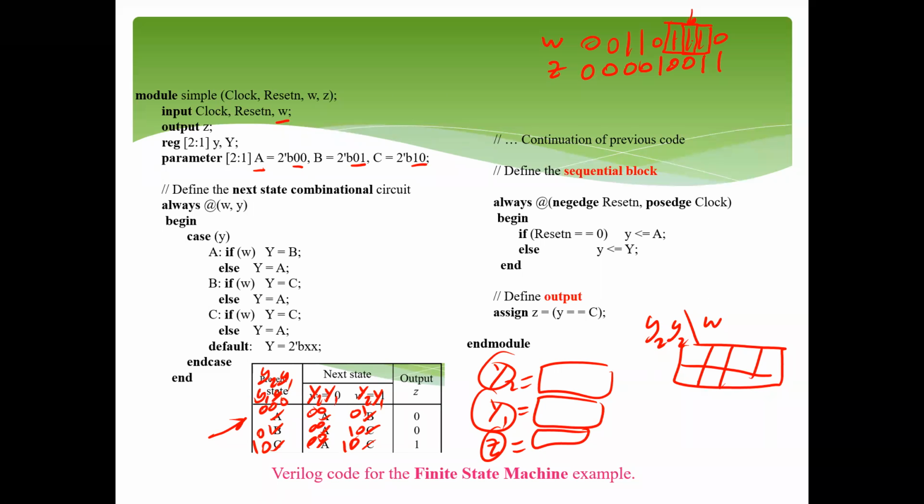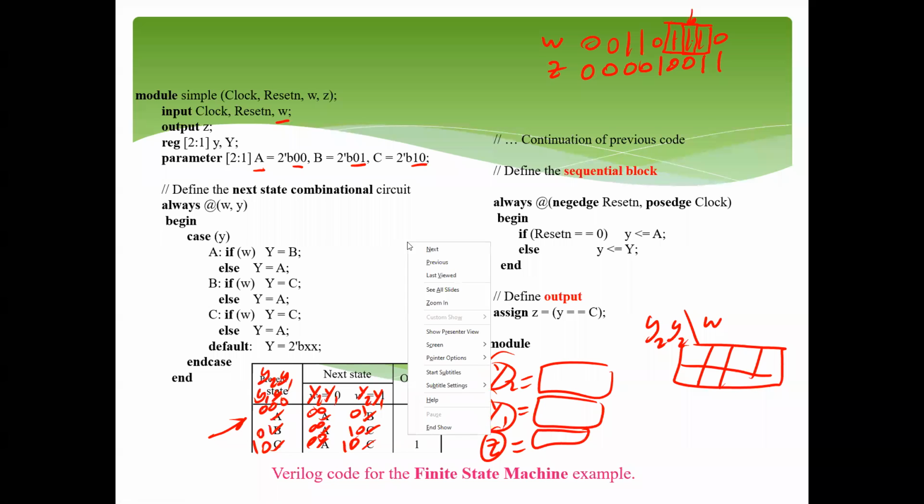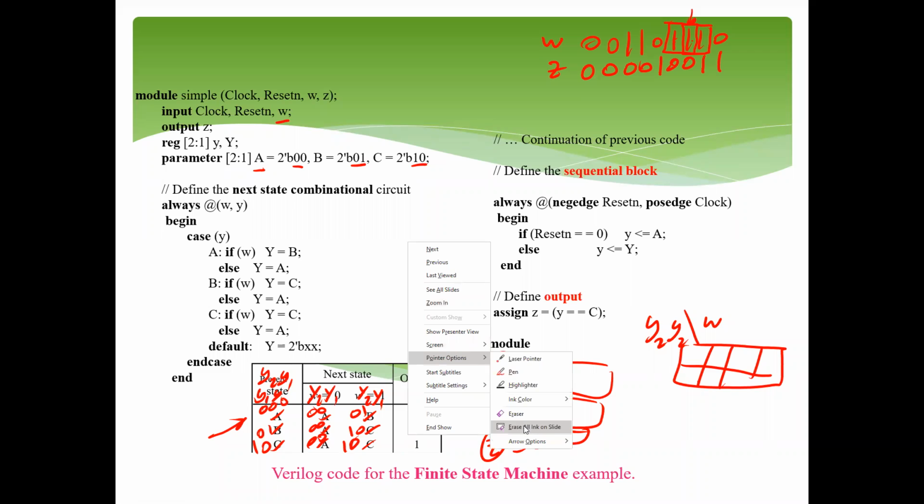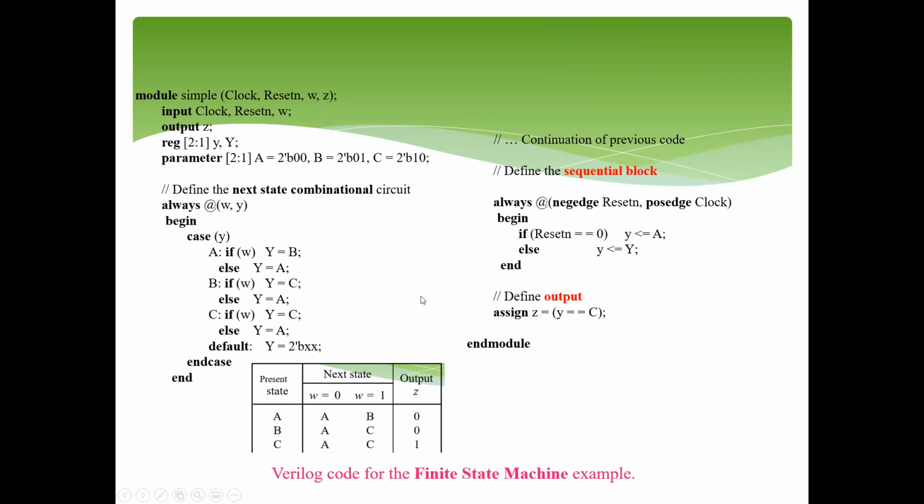Now, in terms of coding any finite state machine in Verilog, you can follow some guidelines to make the coding much easier for you. So we will divide the code into 3 parts. The first part is input and output declaration with any local wires or local regs, since you're going to use behavioral modeling, so you need to declare the wires as regs.